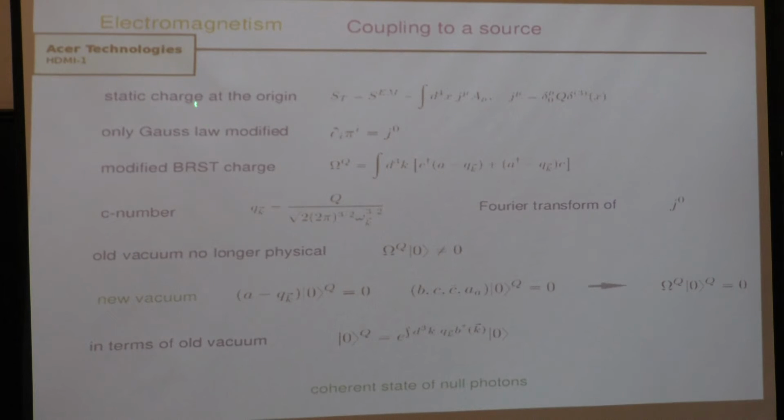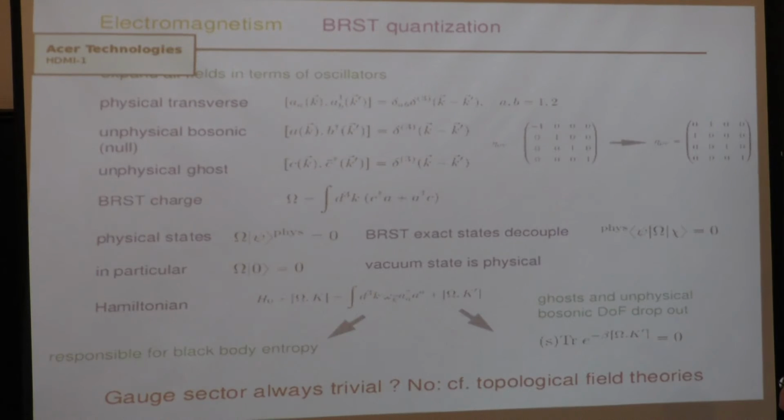So the only thing that gets modified in this context is the Gauss law. And when you do BRST quantization, what you see is that the BRST charge changes by the fact that your creation and annihilation oscillators, the A and the A dagger, which in this case are null oscillators.